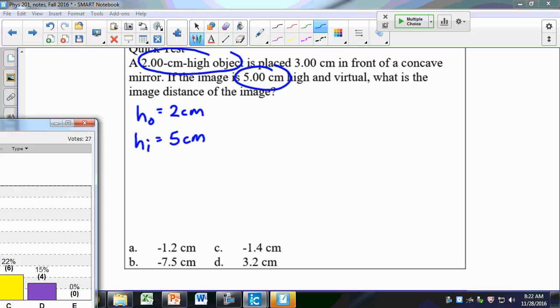Because M is negative Q divided by P, if Q is negative, then M is positive. So that's one rule that we can hang on to: virtual images are upright. Real images are inverted.